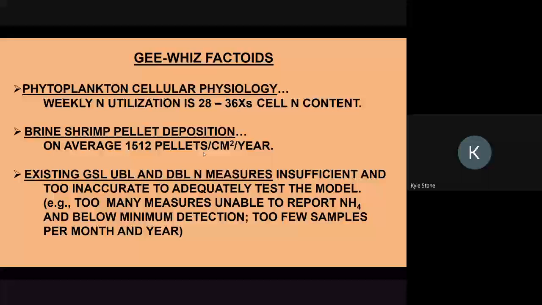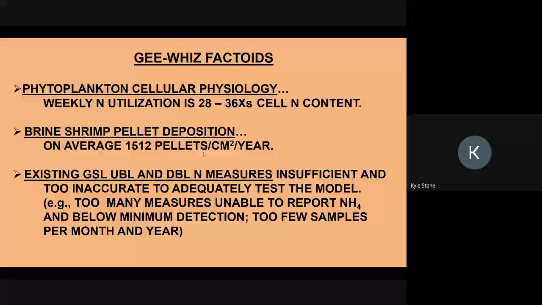Okay, the problem we have is that the Great Salt Lake upper and deep nitrogen measures are really insufficient for testing them on a detailed basis. And I'm hoping you guys get through the data and look at it. So many of the samples on your web page already either have no NH4, no ammonia reported, or everything is reported as below the sensitivity to be measured.